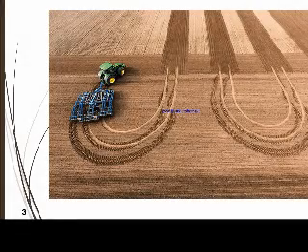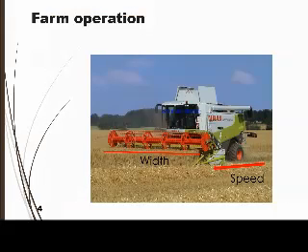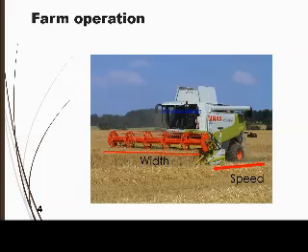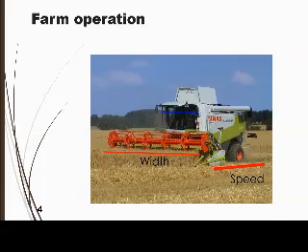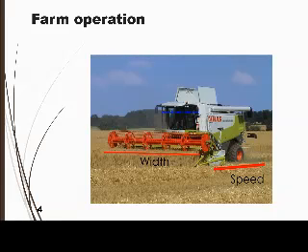farm machinery efficiency calculations. Alright, in terms of the farm machinery operation, like I said, the width and the speed are the two parameters that need to be considered during the operations. So the width, for example, for the combine is the width of the teeth of the cutter bar. Sometimes we call it effective width, which is not the actual width of the cutter bar.